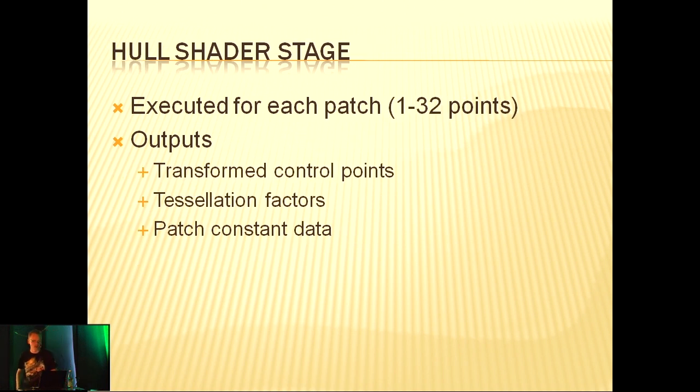Next comes the hull shader stage, which is a very new stage in DirectX 11. It's the first part of the tessellation unit. It receives as its input 1 to 32 points, a single patch, and it outputs the transformed control points of the patch, tessellation factors that control the next stage, which is the tessellation stage, and it also outputs patch constant data.